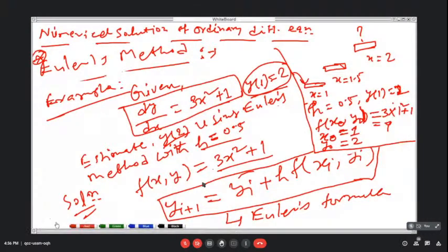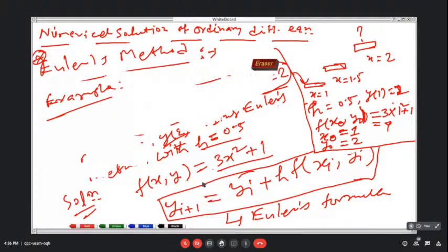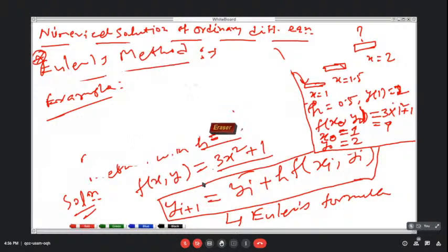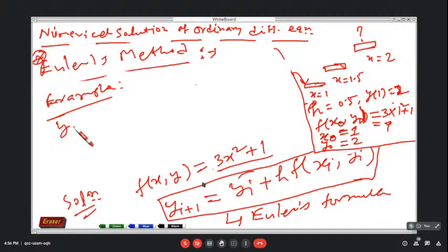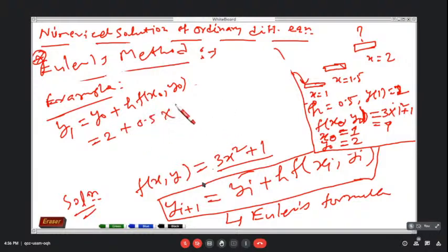So now you have all the initial values, right. Now we will put this in this equation. Now we'll write it here, then y1 is y0 plus h into f(x0, y0). So this is 2, right, y0 is given as 2, h is 0.5 and this is 4.